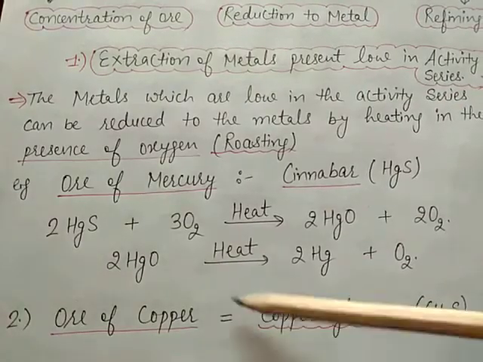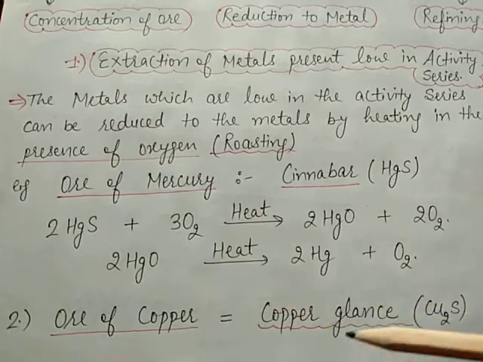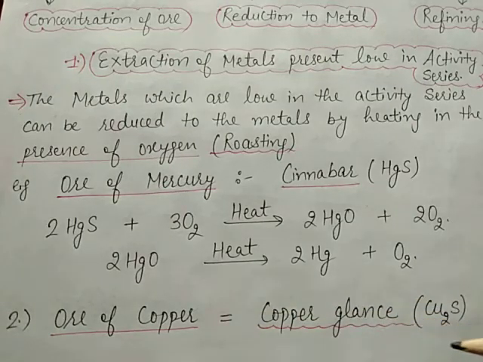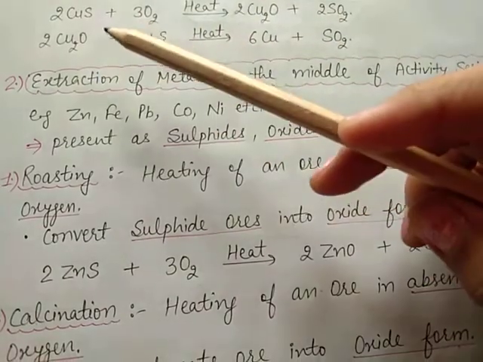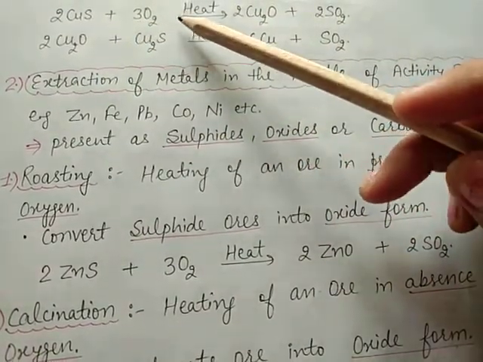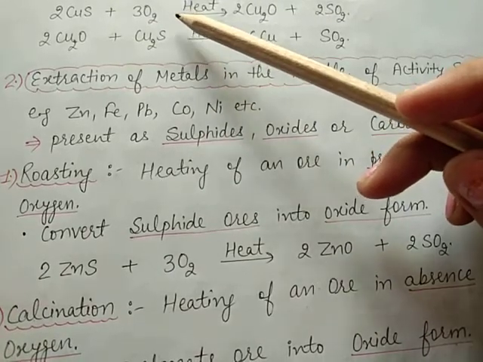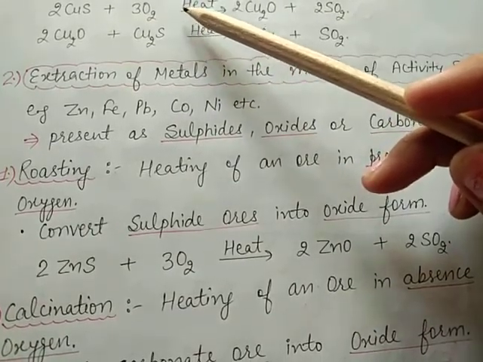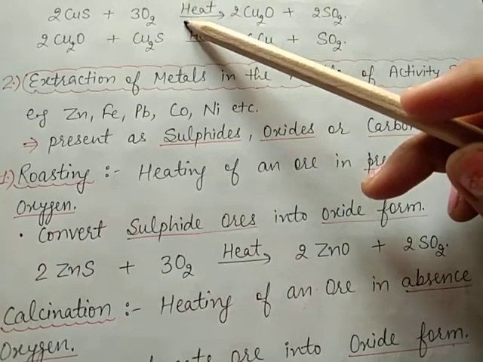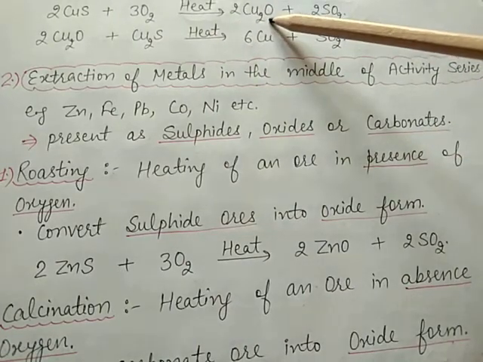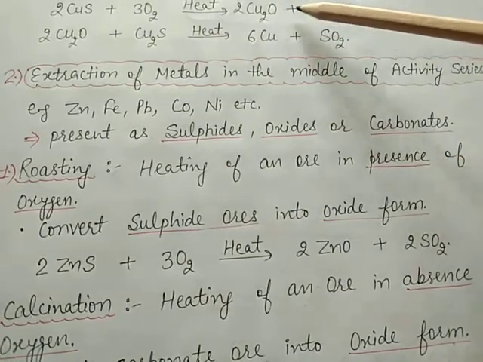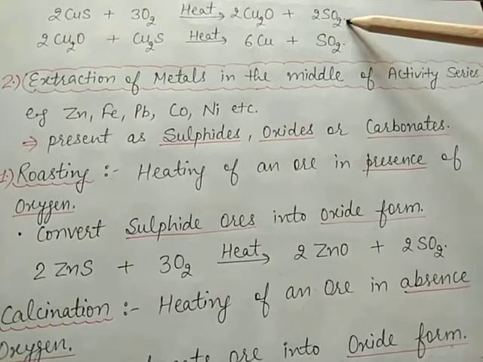Now the second is the ore of copper. Copper ore is copper glance. Formula is Cu2S. Cuprous sulfide. Cuprous sulfide after roasting. Roasting means heating the ore in presence of oxygen. Cuprous sulfide changes into cuprous oxide and here SO2 gas is released.